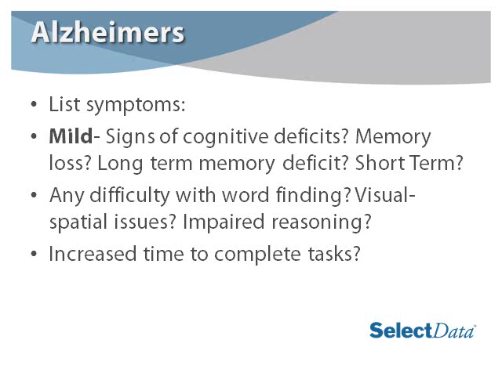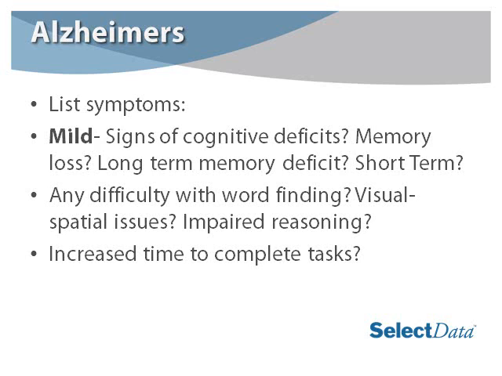So we need to have the symptoms listed. Are there signs of any cognitive deficits? What signs? What cognitive deficits? What memory loss? Is it long-term or short-term? And just stating that isn't sufficient. Give examples. Is there difficulty with word finding?